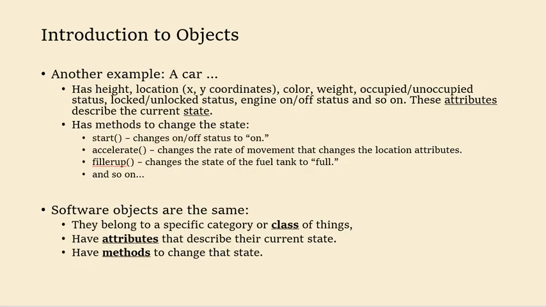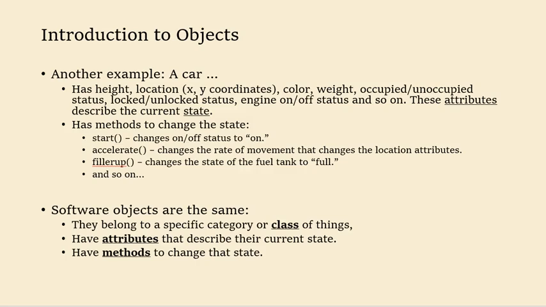Here's another example, a car. It also has height, location, color, weight, occupied or unoccupied, or how many passengers are in it. Is it locked or unlocked? Is the engine on or off, right? All attributes that describe the current state of the car. And then we have methods to change it, right? Start, that changes the status to on. Accelerate, that changes the speed attribute.